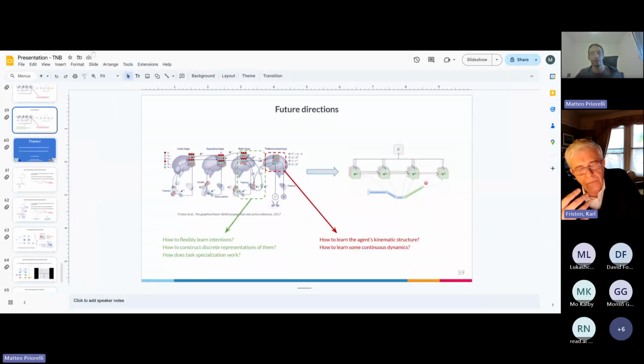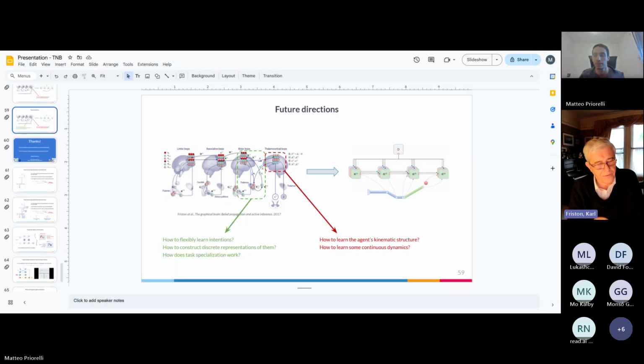So in terms of the final simulations and future directions of work, what you want to do is to have a way of simulating and reproducing and understanding sequences of movements where you're using a mixed generative model, such that the sequence of planned movements over extended periods of time, like preparing a meal or going from the kitchen into the living room, is all done using a partially observed Markov decision process or a discrete state-space model.